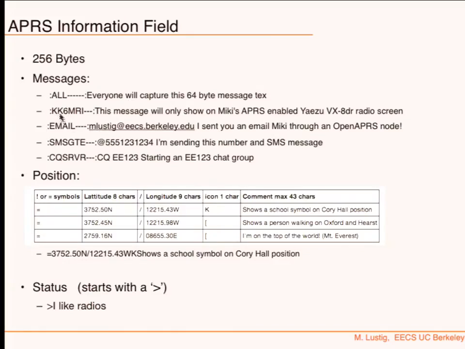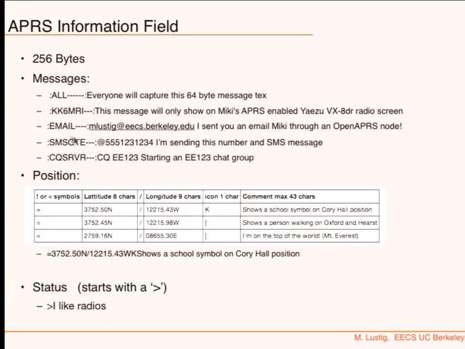Or you can send to me, KK6MRI, and this message would only show on Mickey's APRS-enabled Yaesu VX ADR radio screen. So if you send it to my call sign, my radio would blink and say, "Oh, dude, you got a message." Sometimes all will also show. CQ is another one that you can do.